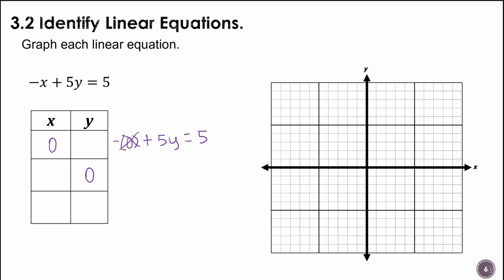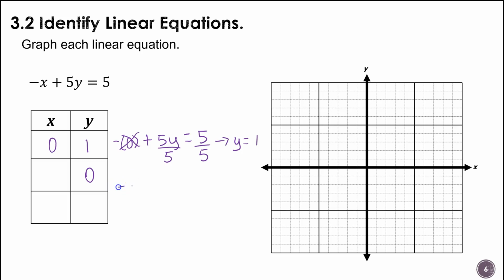So that part is gone because when we substitute 0, that part is going to be eliminated. All right, so we're going to divide by 5 to solve, and we see that y equals 1. So when x is 0, y is 1 in this case.